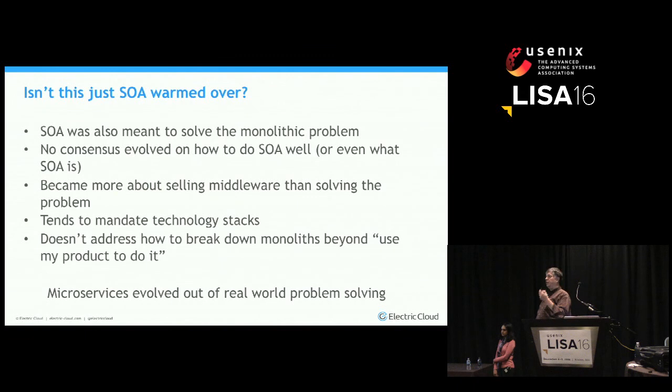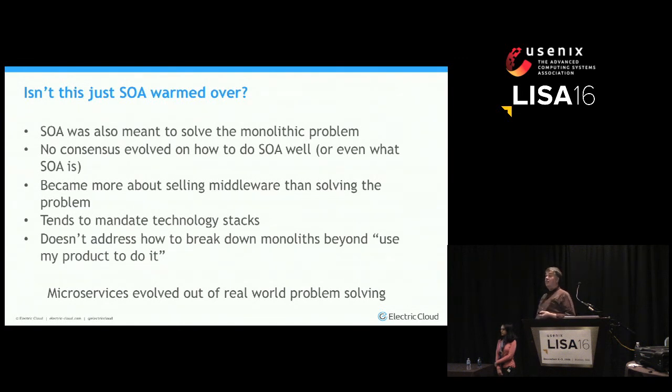Oftentimes people say, well, wasn't this what service-oriented architectures was supposed to do for us, or agent architectures, or name any of a number of different kinds of approaches? And yeah, it's kind of true, right? SOA was meant to help with the monolithic application. I would say outside of certain vendor spaces, no good consensus was ever achieved, and it became more about my bus is bigger than your bus in the vendor space.